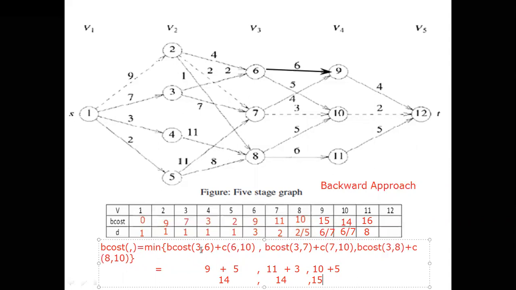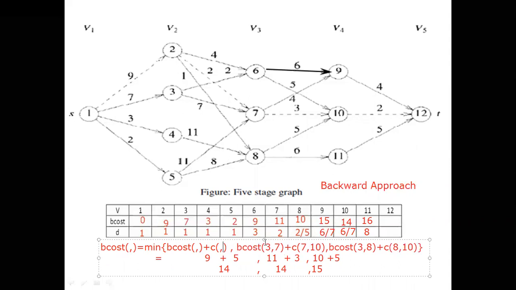Here also I should remove all the values, one by one. 6 I don't want. 10 I don't want. 3 I don't want. 7, 10, 8, 10. I will remove these values also. 9, 5, 11, 3, 10, 5. These values also I will remove.